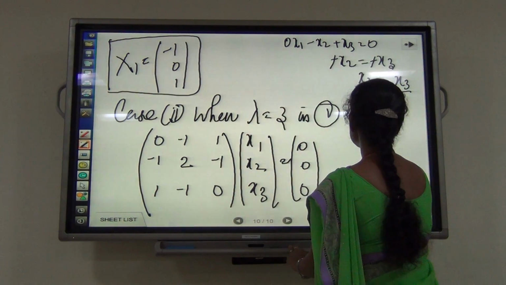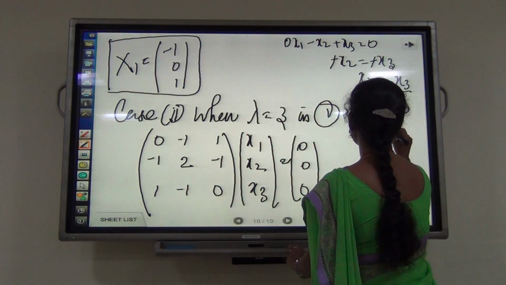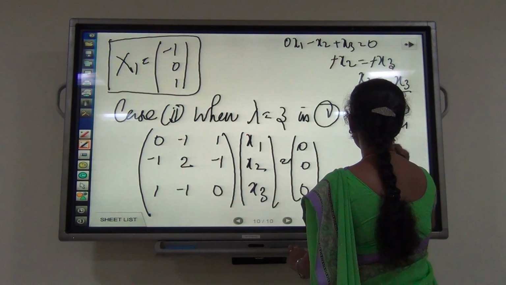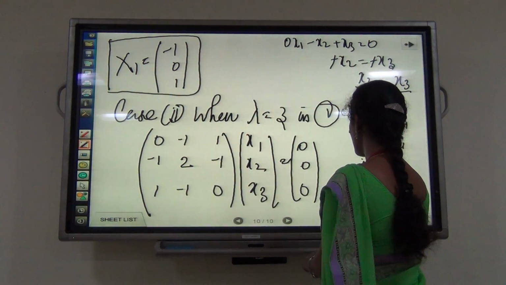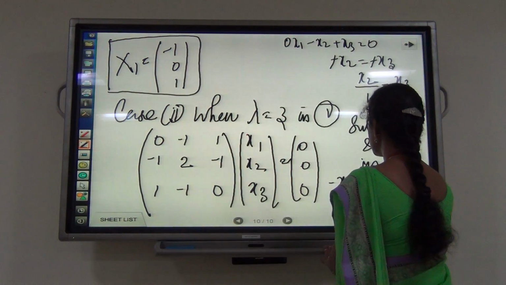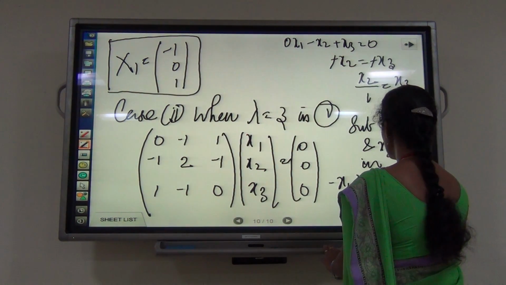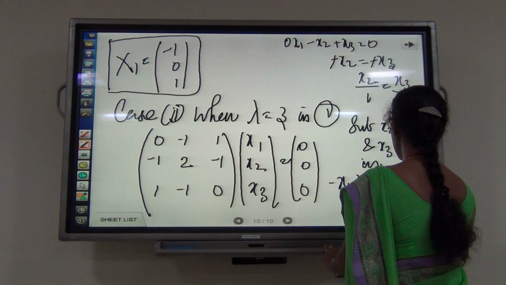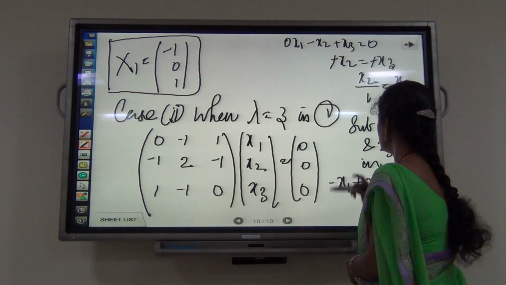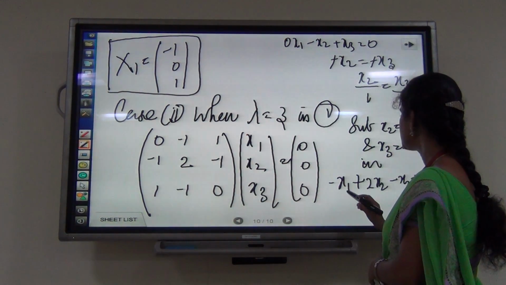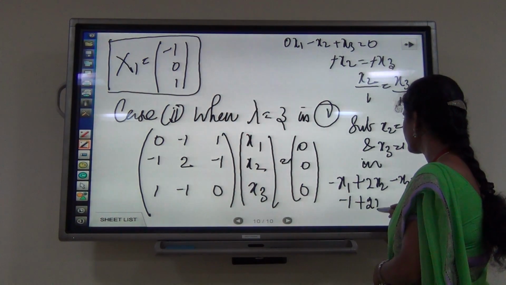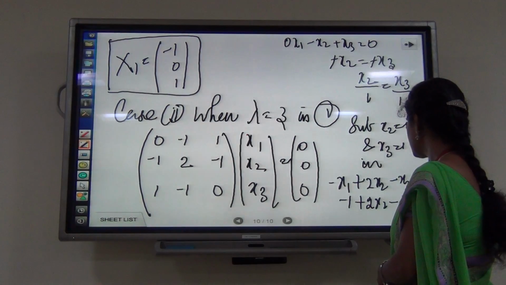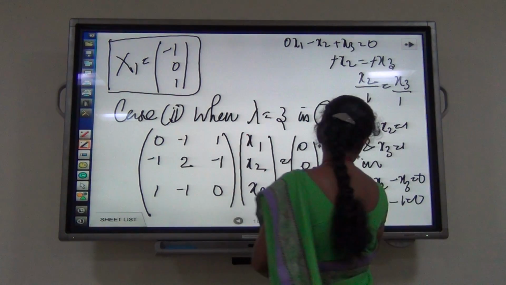And therefore, substitute x2 is equal to 1 and x3 is equal to 1 in the second equation, which is minus x1 plus 2x2 minus x3 is equal to 0. As we substitute this, we get minus x1 plus 2 times x2, we know x3, that is minus 1, equal to 0.